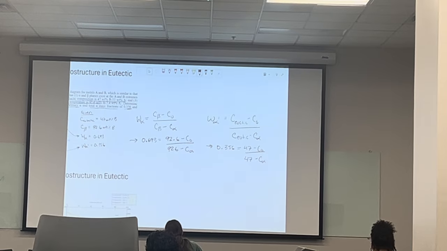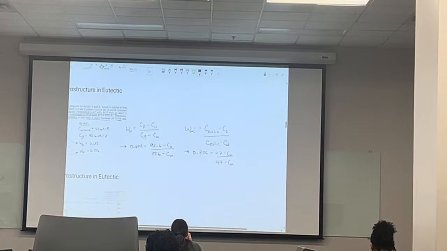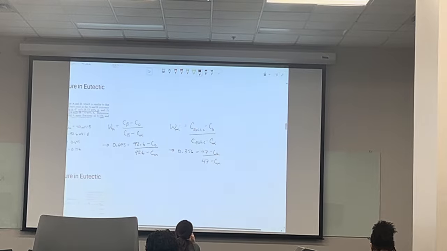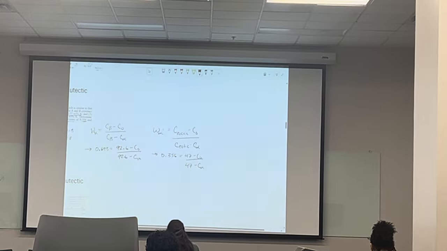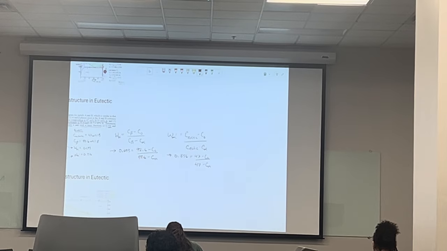And we kind of have a theme going here, because if you guys noticed from homework and other questions that we've done during recitation, we've got two equations, two unknowns again. So essentially we're doing this so that we can find the original composition and the alpha composition.